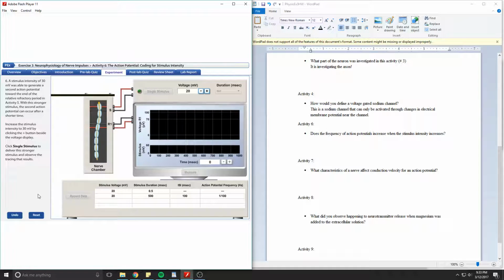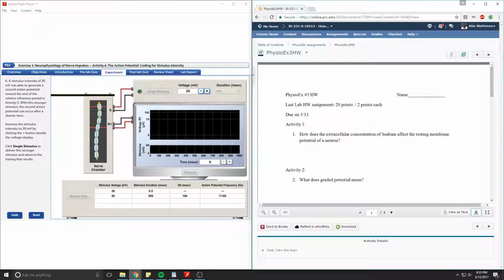A stimulus intensity of 30 millivolts was able to generate a second action potential towards the end of the relative refractory period in activity 5. Okay, what's the relative refractory period?